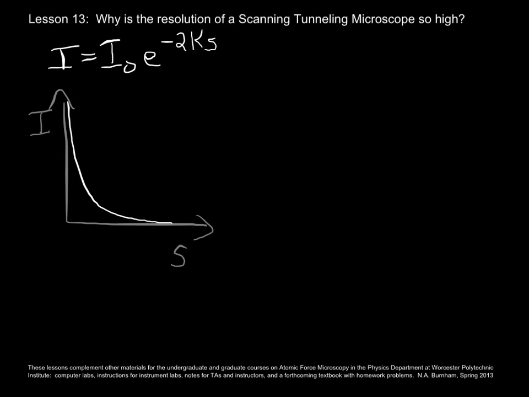If we take the natural log of both sides, after dividing the equation by I0, the base current, what we get is minus twice kappa S. This kappa is important. It's a constant that accounts for all of the other parameters affecting the current that are not the separation.